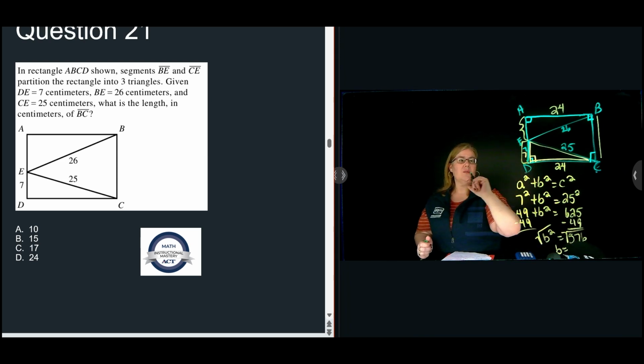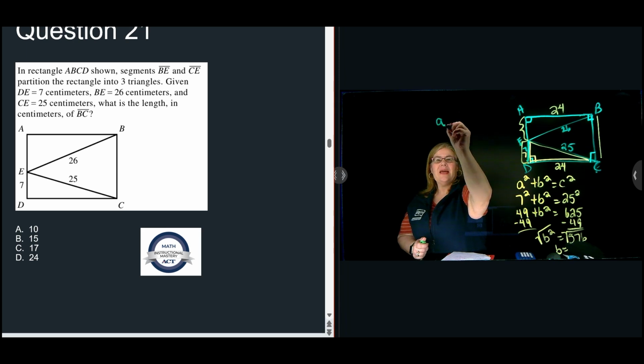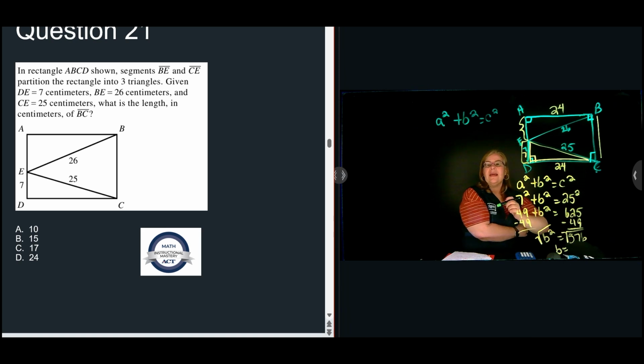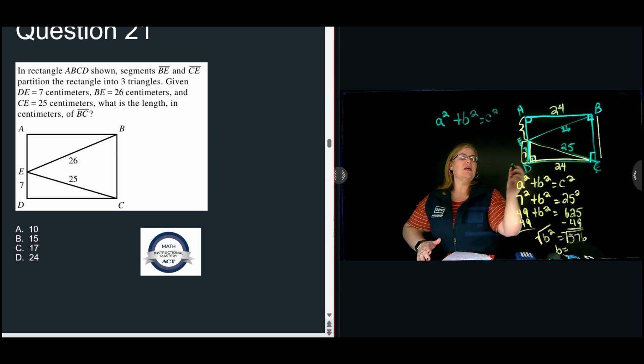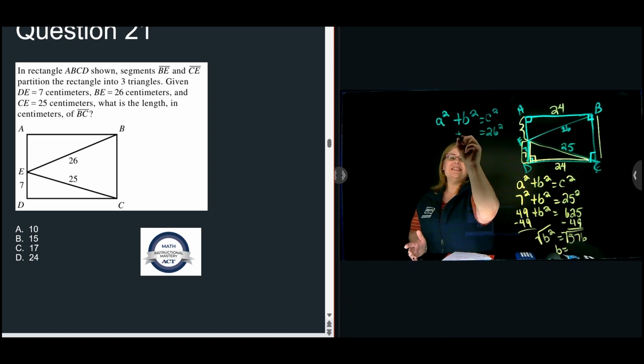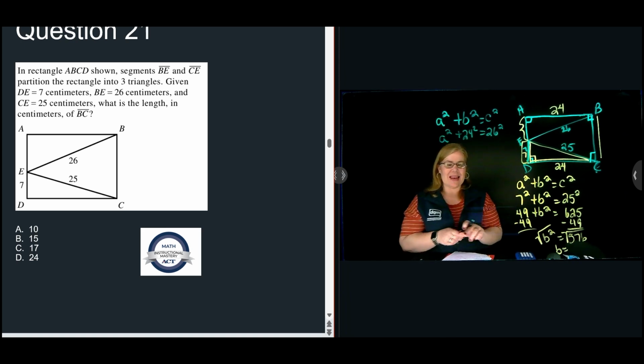So again, I'm going to do this one in green. I've got A squared plus B squared equals C squared. Go ahead and plug in what you know about those measurements. So I know that my C squared is 26 squared. Let's say that B is my 24, and still not sure what A is.